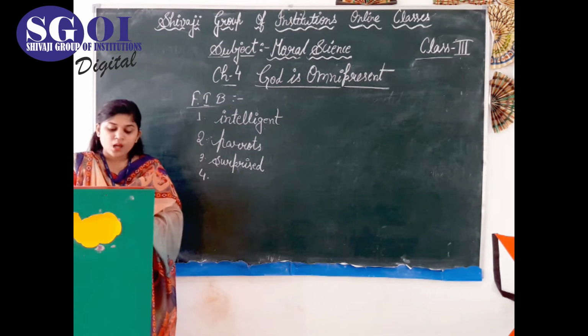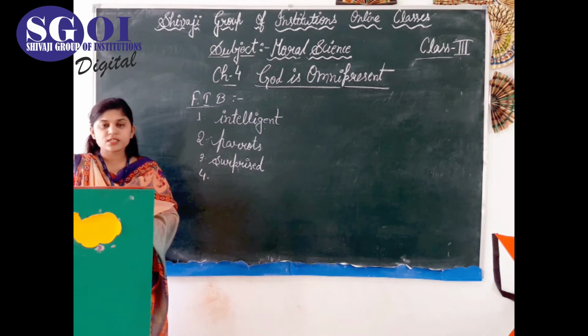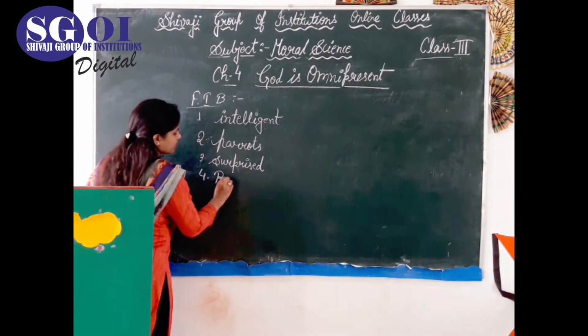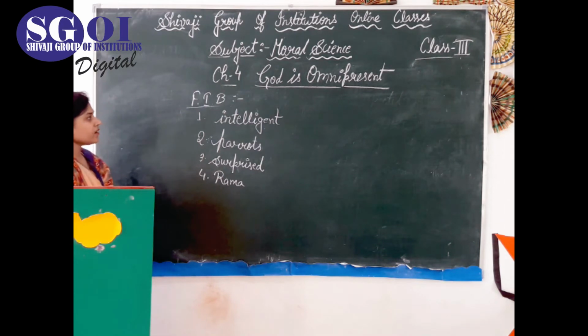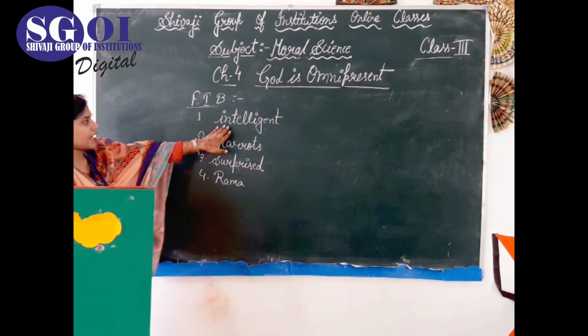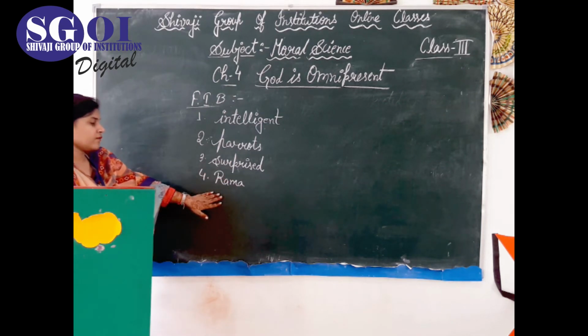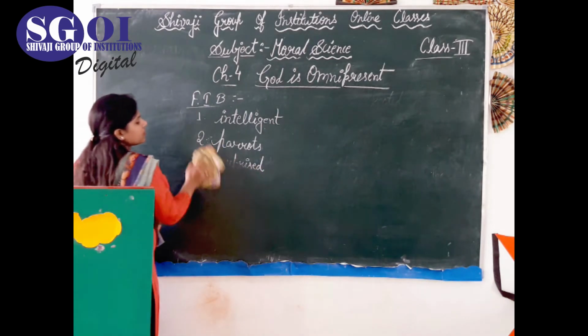Next, all the disciples set the parrot free in lonely places and returned with empty cages except dash. Except Rama. Again I am repeating all the FIBs. First is intelligent, second parrot, third is surprised, and the fourth is Rama. Now move to question answer.